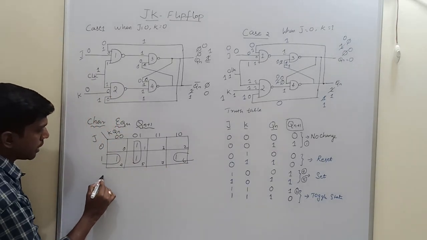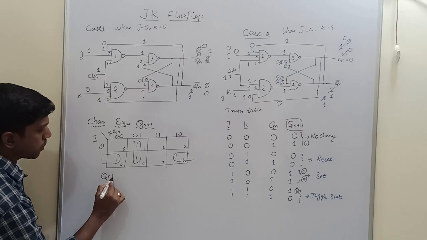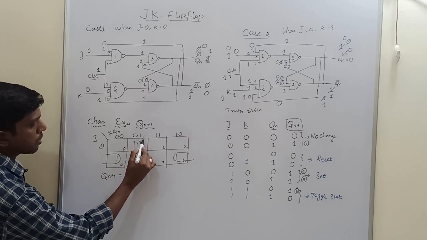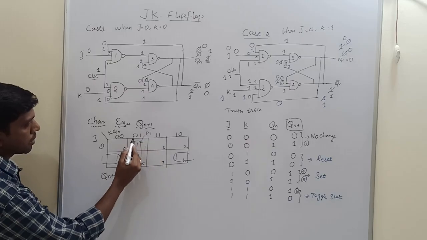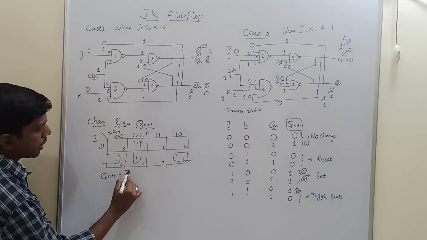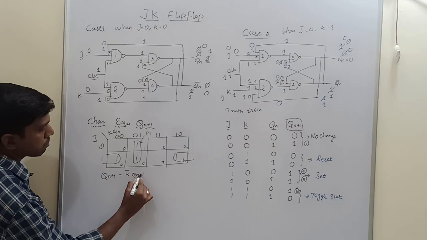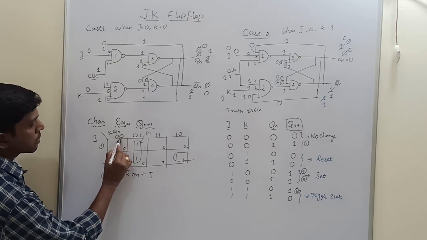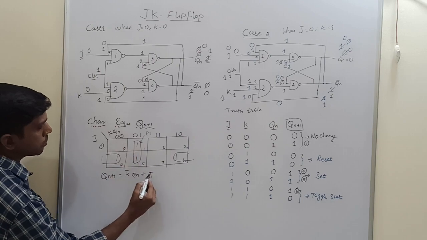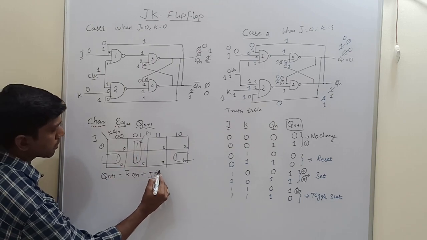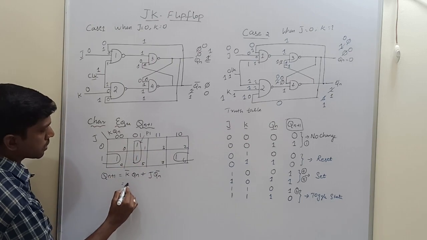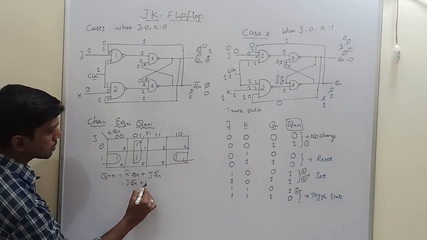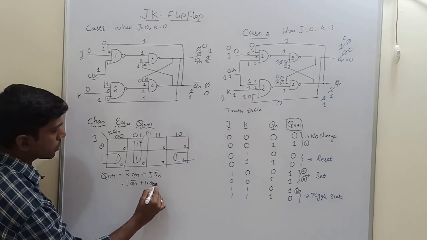Now I write the equation Qn plus 1 equal to, so let me consider pair 1 first. Here the equation is K bar Qn plus, here the equation is J, the common term is 0, Qn bar. So this equation can be rewritten like this, J Qn bar plus K bar Qn.